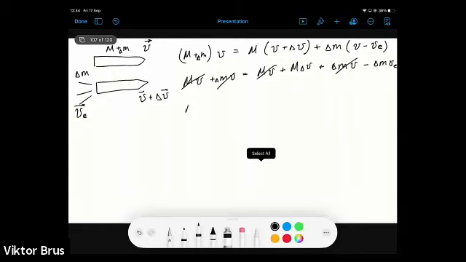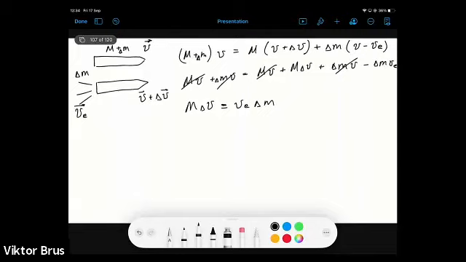It will be m times delta v is equal. So we have here minus, we put it on the other side. So it will be equal to VE times delta M.